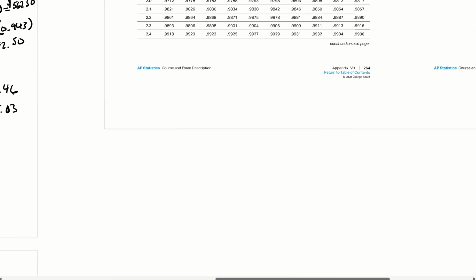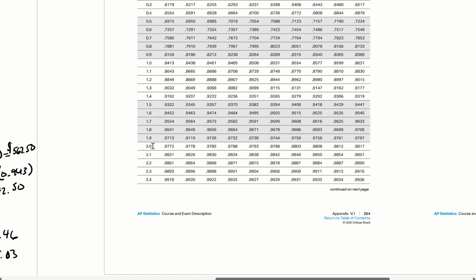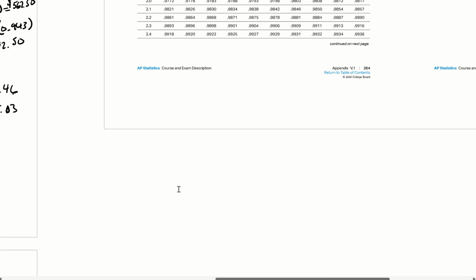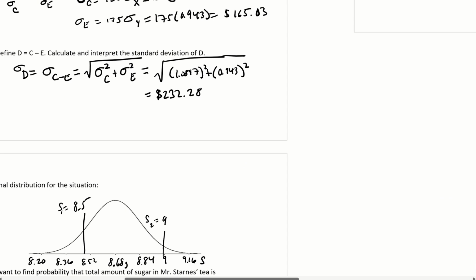Negative, the first one, 2.00. Okay, so let's go up, 2.00. That's 0.9772. So we'll write that first value.